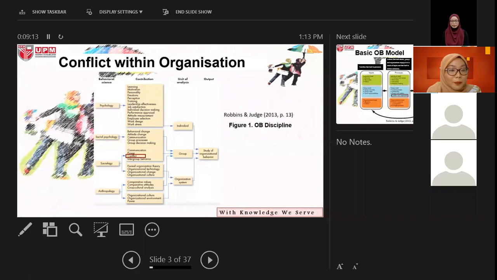Dua behavior yang berbeza. For example, when you are online, or when you are in face-to-face interaction. Dua behavior yang berbeza. Split personality. So ini adalah antara konflik dekat individual level.